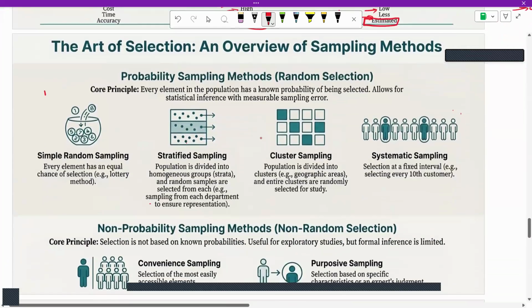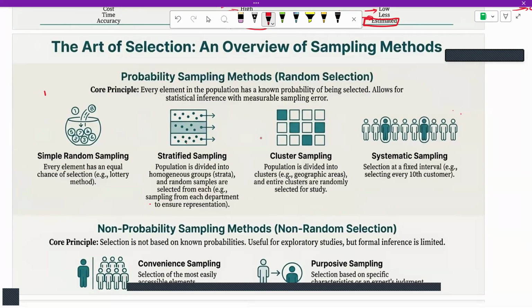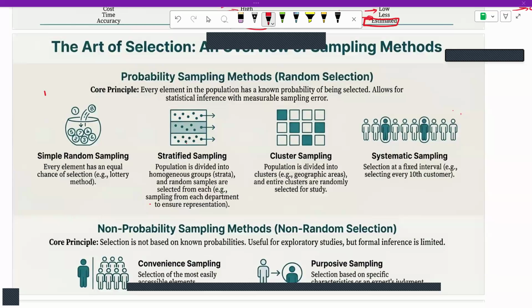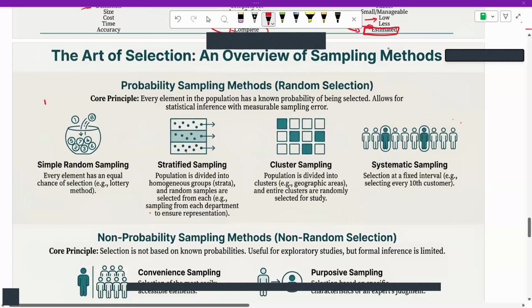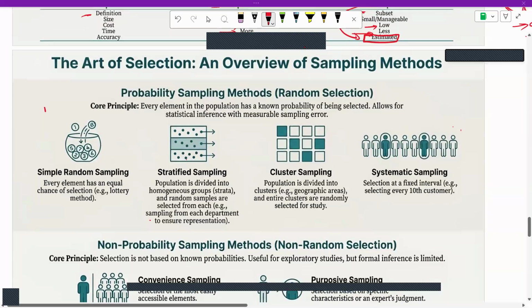Now the sampling. How do we select a sample? The art of selection and an overview of sampling methods.